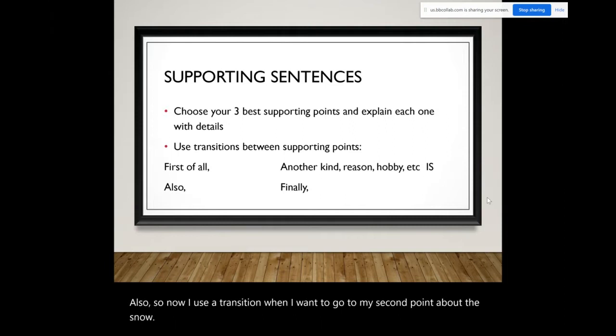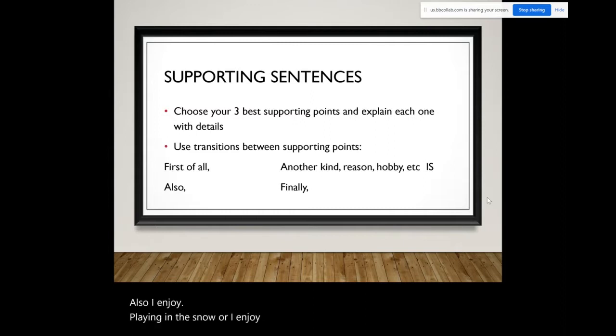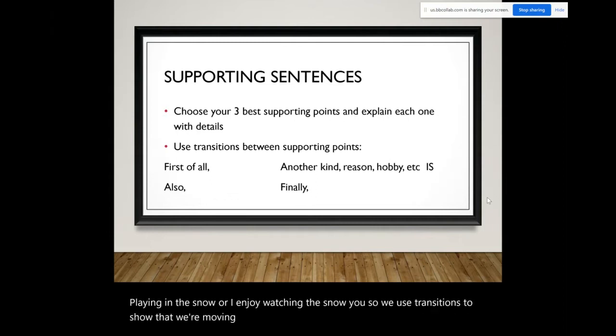Also, playing in the snow, or I enjoy watching the snow. So we use transitions to show that we're moving to another supporting point. Okay, any questions?